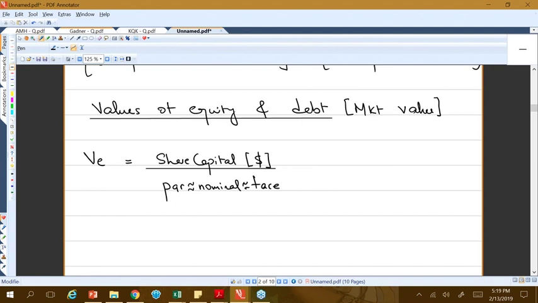All that means the same thing. Once I divide my share capital in dollar terms by the par, nominal, or face value, what I will get here is the number of shares. And once you have the number of shares, you simply multiply it by the market price per share.